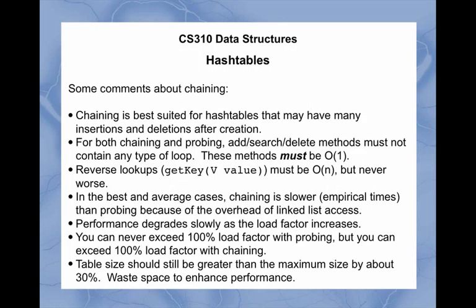It's important that whatever strategy you do use, the add, search, and delete methods must not have any kind of loop. These methods must be big O of 1. Performance is paramount. Reverse lookups are always bad because hash tables are stored based on the keys, not the values. When you have a reverse lookup that is given a value, find the key, this is going to be big O of n, but it should not be worse.